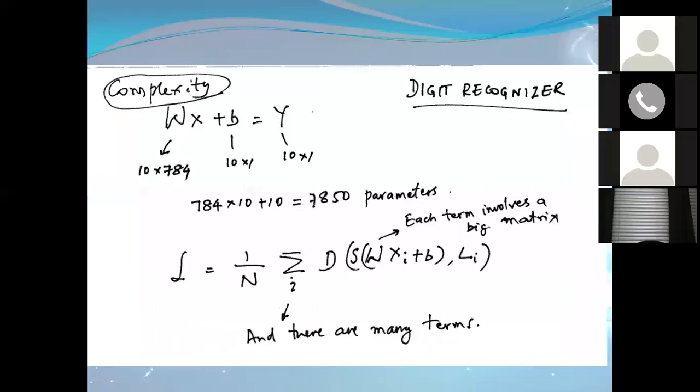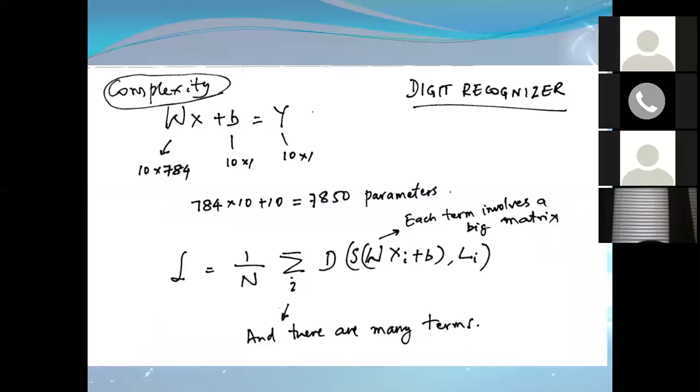Well, before we get there, we can look at the complexity involved. W in this case is a 10 by 784 matrix. That means you have 784 times 10 unknowns. And B is a 10 by 1 matrix, so you have 10 more unknowns. So the parameters that you are trying to assess number 7,850. That's a lot, actually.